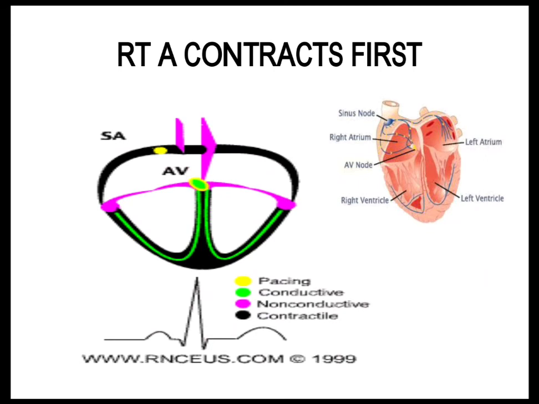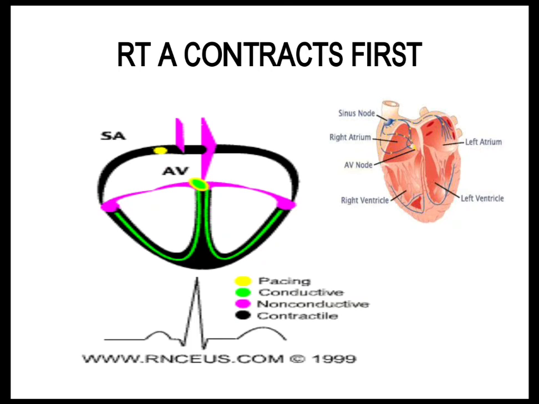In this diagram, you can see there are three pathways by which the impulse travels from the SA node to the AV node. This is the first pathway, this is the second pathway, and this is the third pathway.